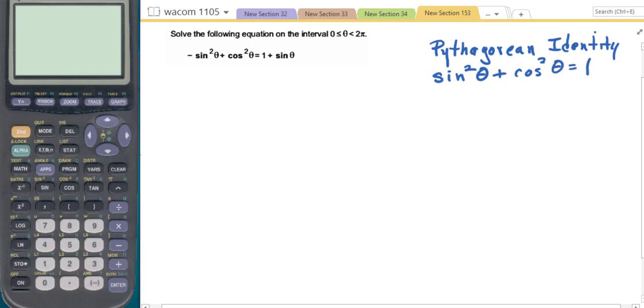So we're going to use that and see if we can substitute for cosine squared theta. Let's manipulate it a little bit and isolate cosine squared theta. If we subtract the sine squared theta from both sides, that would give us cosine squared theta.